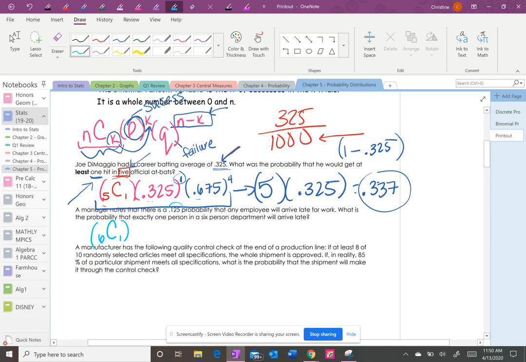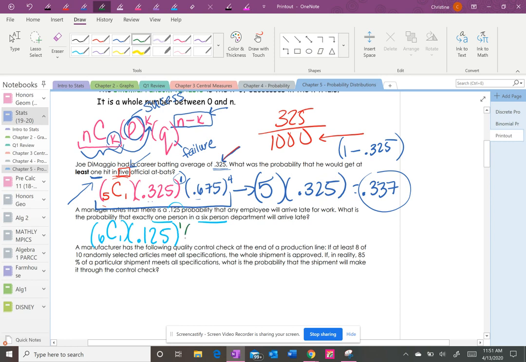Anyway, so 6, choose 1. There are 6 people, you care about 1. What is the probability that they will arrive late? So this is what you want to happen. So this is going to be considered our success. 0.125. Okay. How many people do you want to arrive late? 1.